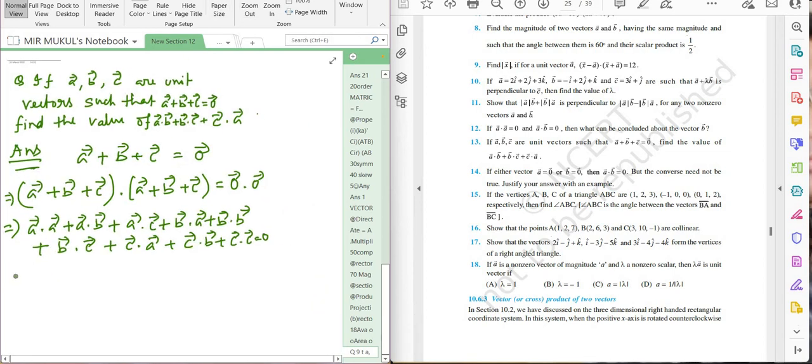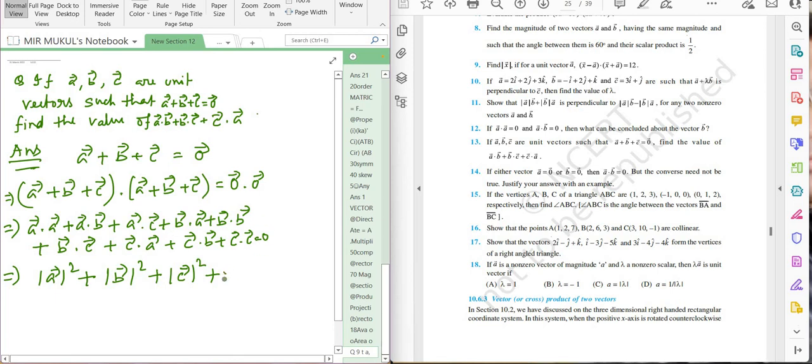Now A dot A means mod of A whole square, B dot B means mod of B whole square, C dot C means mod of C whole square. A dot B came here, and here B dot A. B dot A equals A dot B, because dot product is commutative.